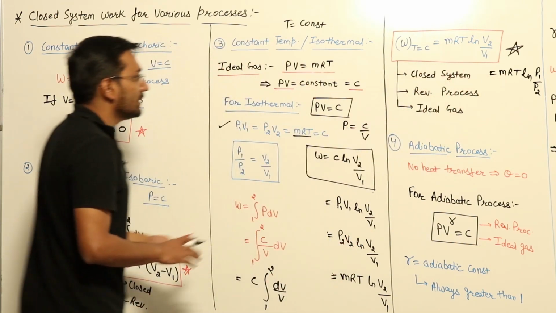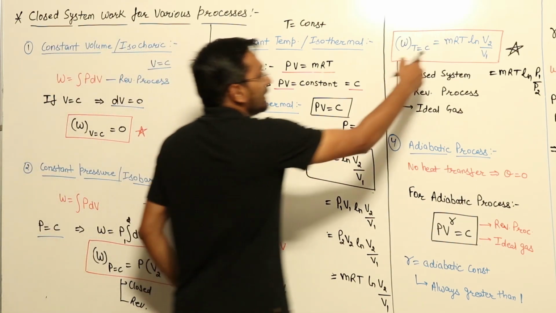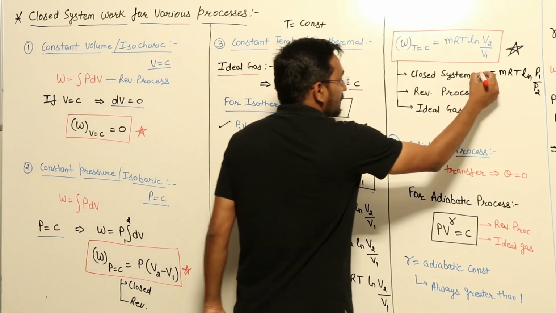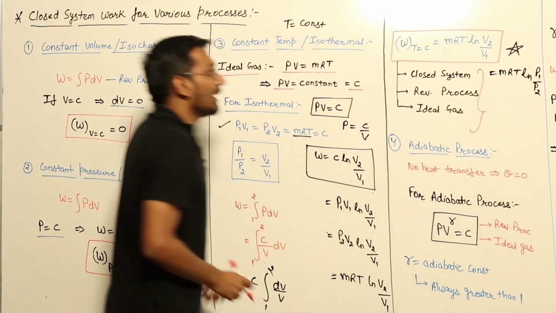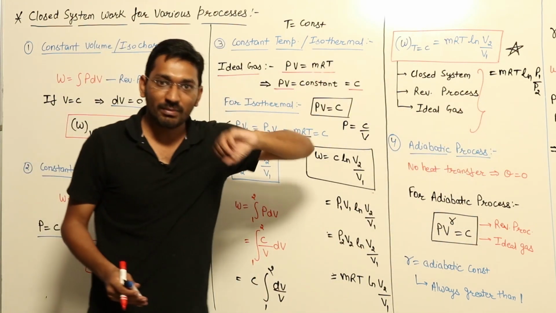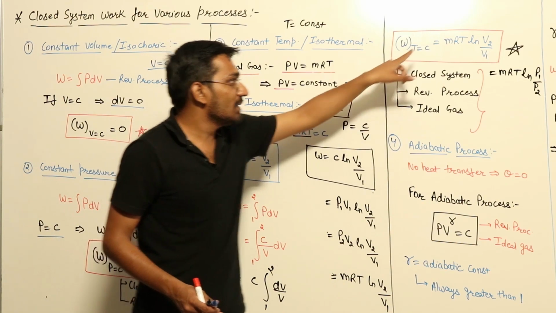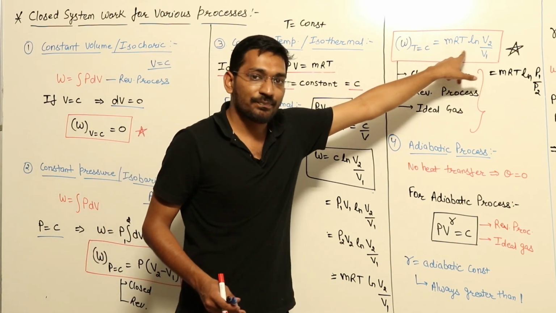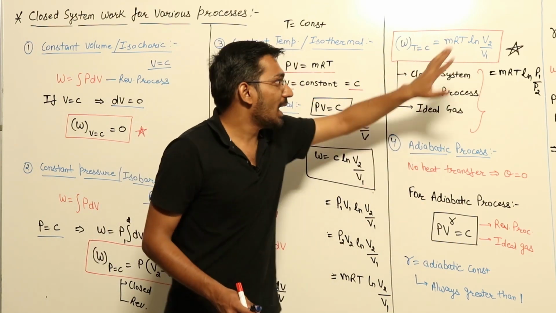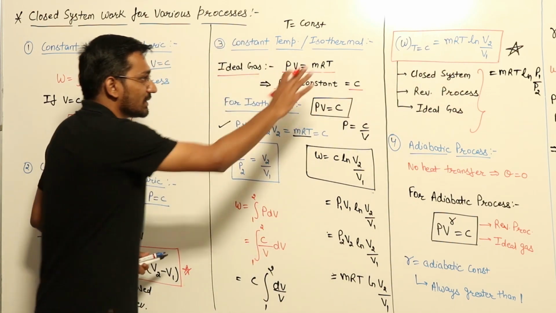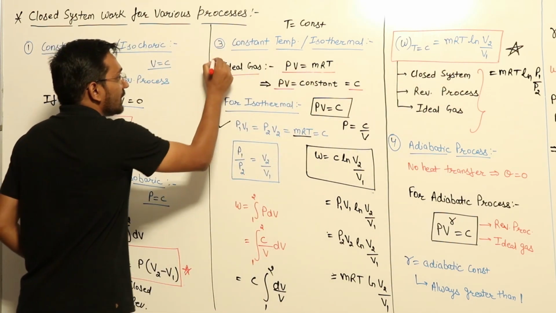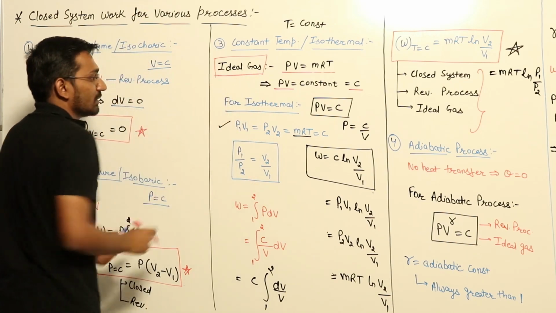The most important thing is the assumptions of using this equation, that the constant temperature or isothermal work done by a system will be equal to MRT ln V2 by V1. The first assumption is the ideal gas equation, right?